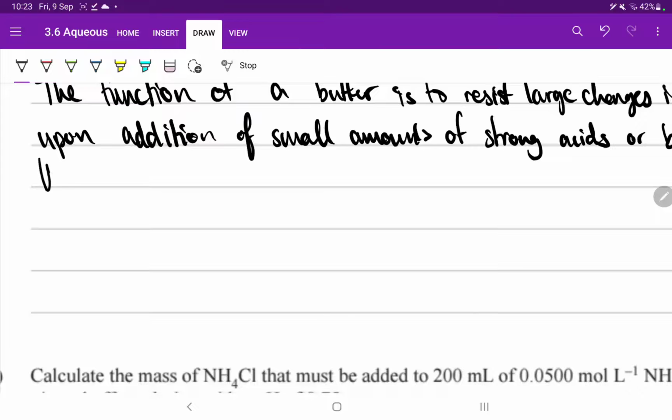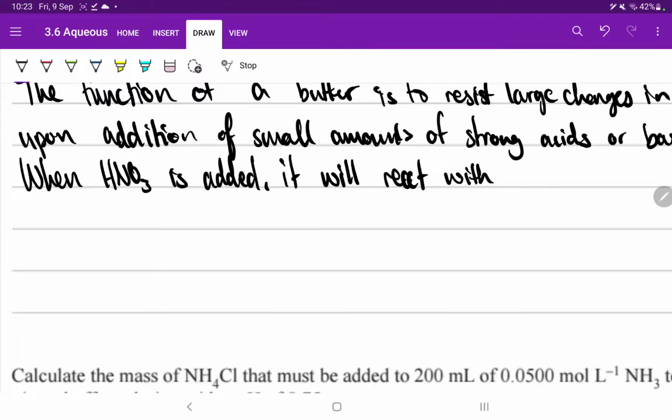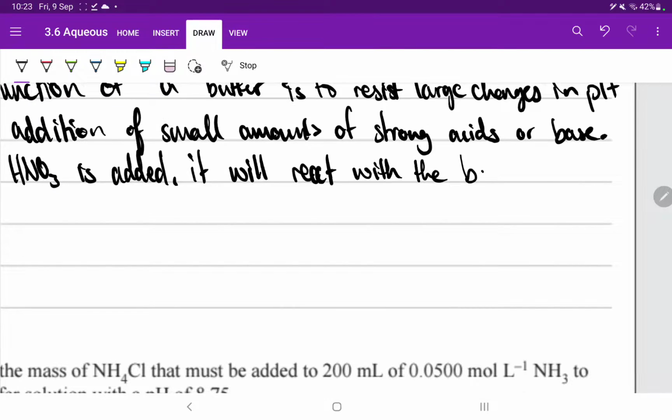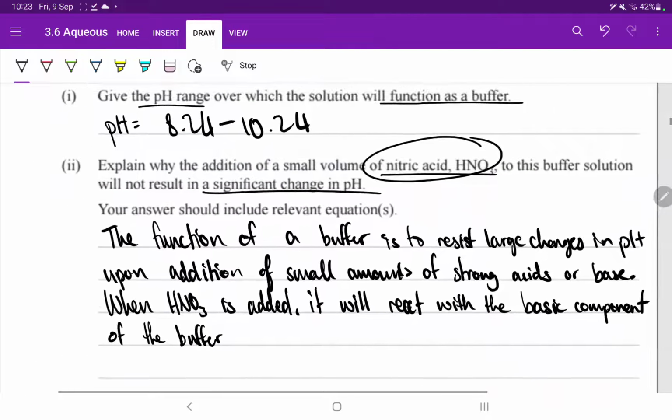When nitric acid is added, it will react with the basic component of the buffer. In these questions, it's really useful to link it to the context.